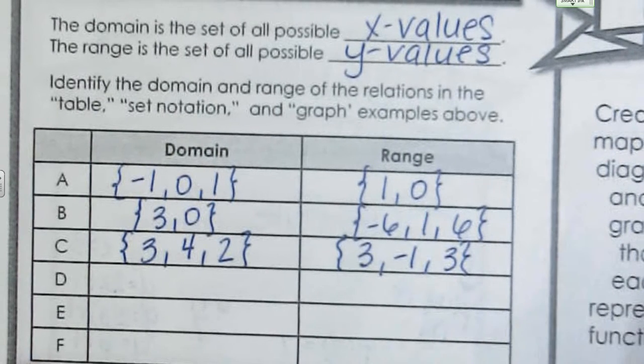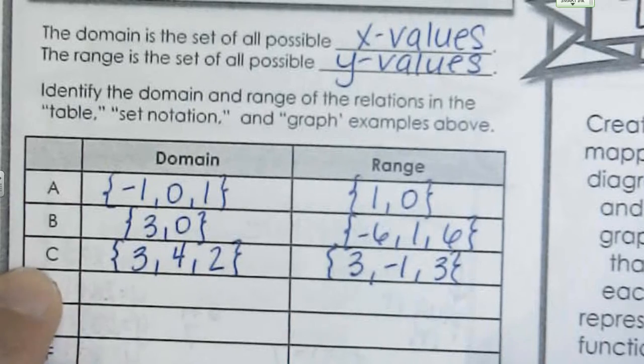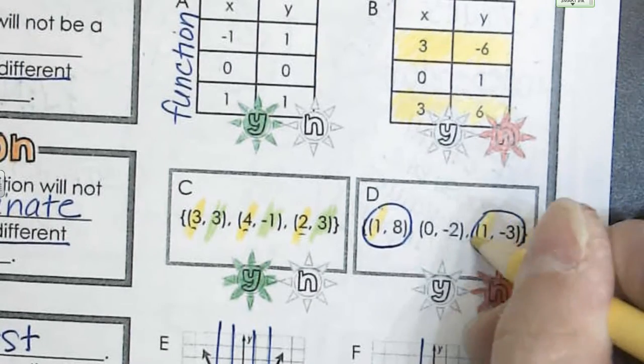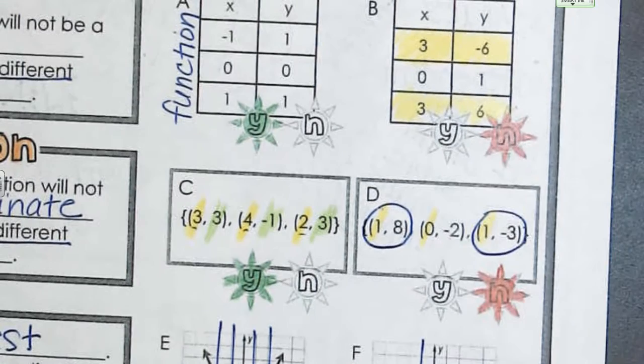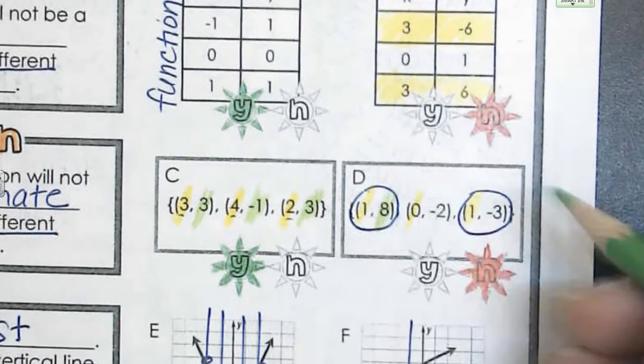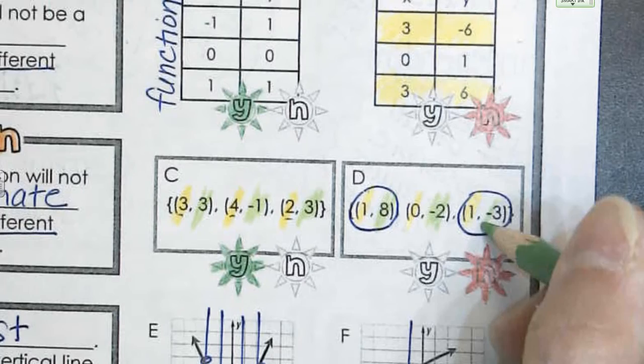All right, and then we're going to look at D. So D is the same way. Now remember, we already know we have that repeated. We already knew that. And then we have that 0. So we have 1 and 0 for my domain. But then my range, I see I have 8, -2, and -3.